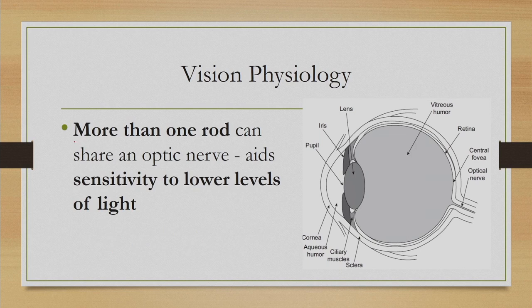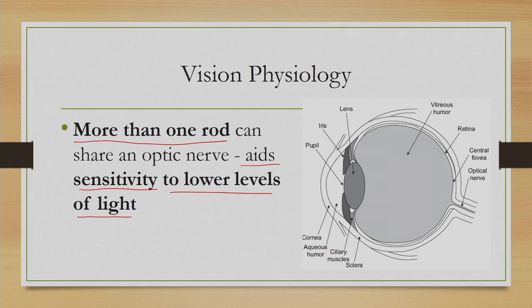One more thing, more than one rod can share an optic nerve. So, there can be more than one rod for each optic nerve that is there in the retina, and the rods are there to help in one thing, that is, they aid sensitivity to lower levels of light.